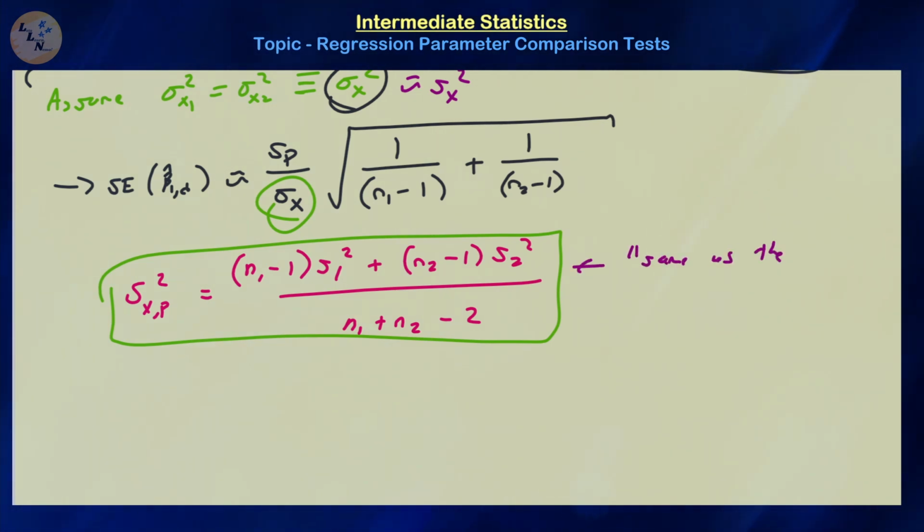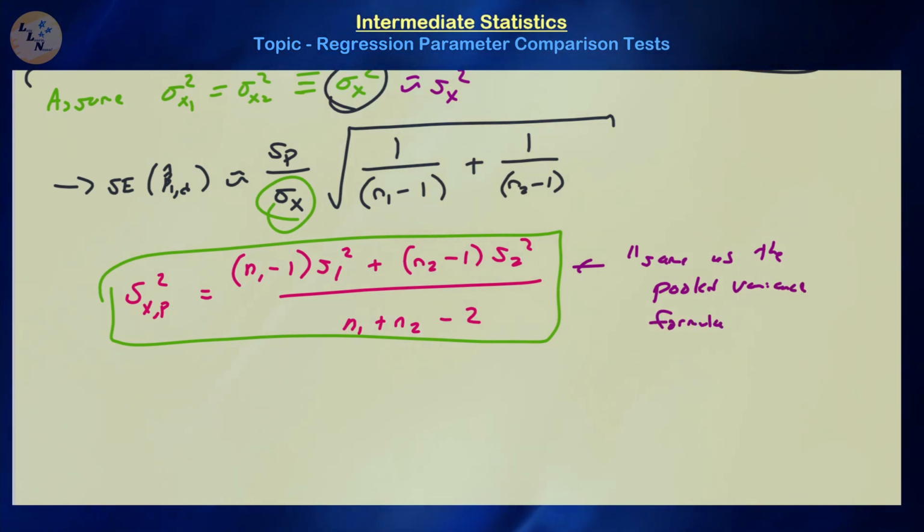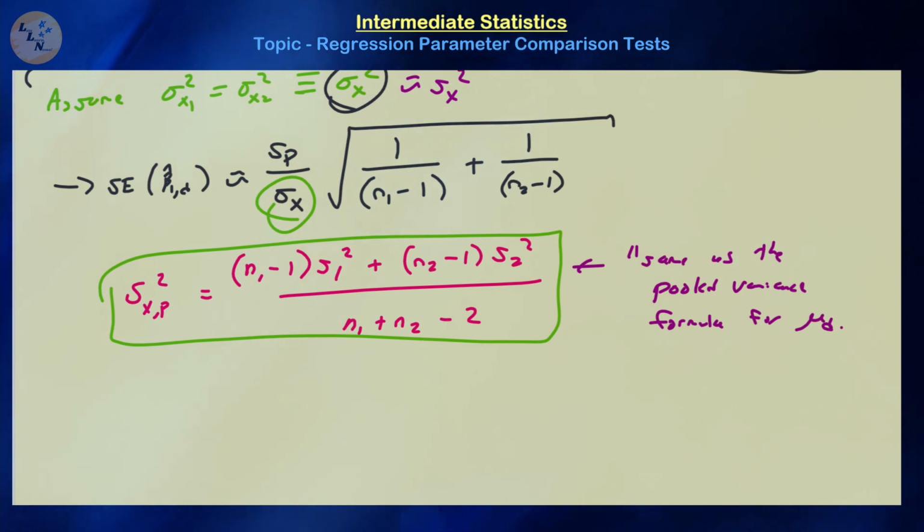So this formula is the same as the pooled variance formula. Do you remember for which test? That's for the difference of means, the pooled variance approach. That is, if we have evidence to believe or we know that the populations are homoscedastic to one another, we can pool them together, right?